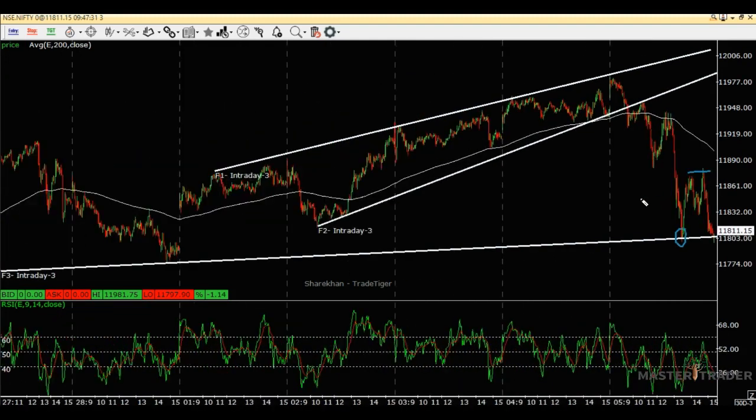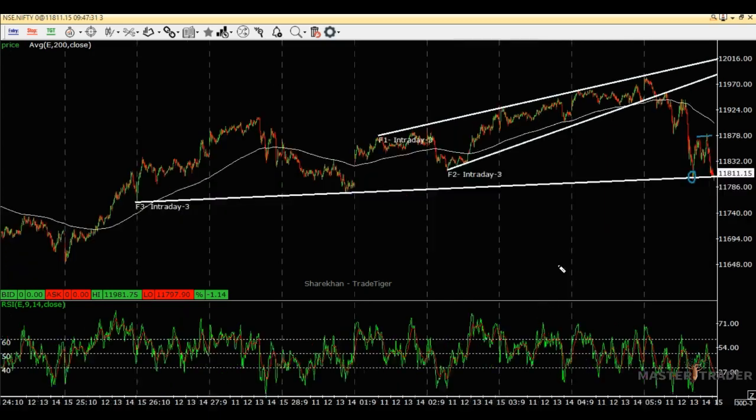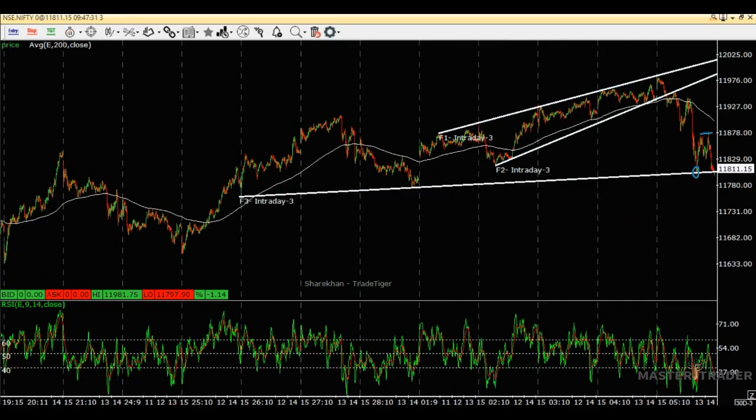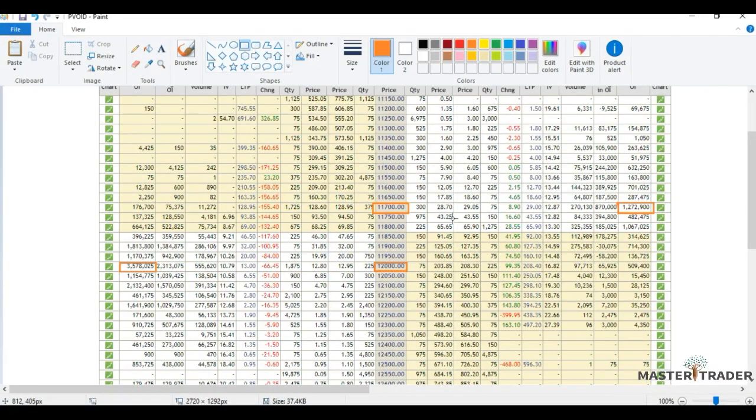So I hope you guys are starting to understand how we're combining option chain data with technicals. Now this will take some practice because I agree it is not simple at first. It took me some time as well to understand.